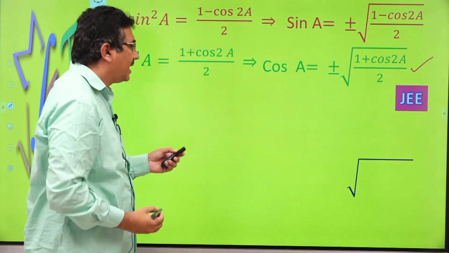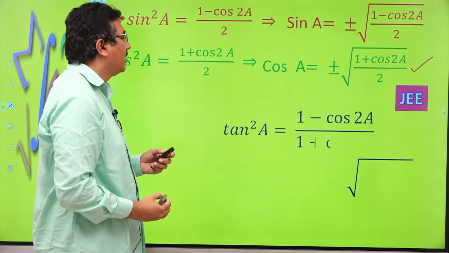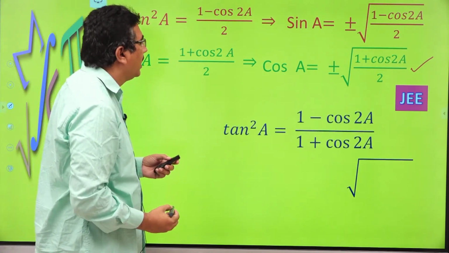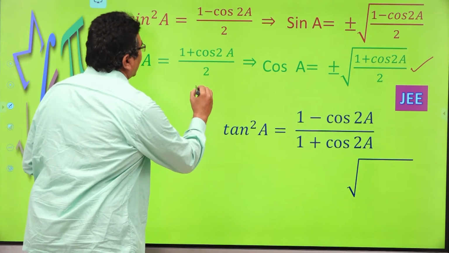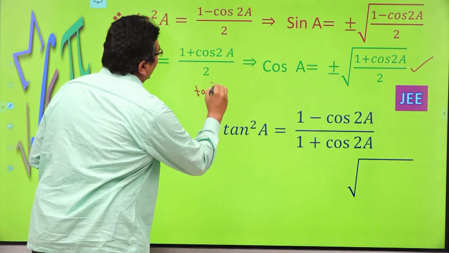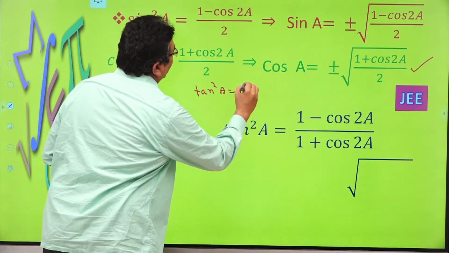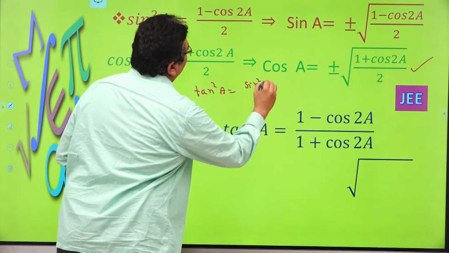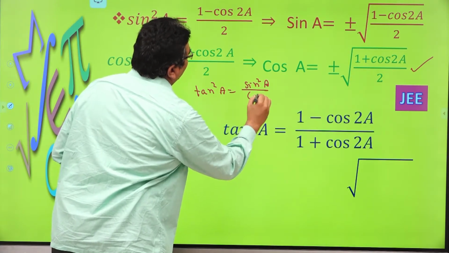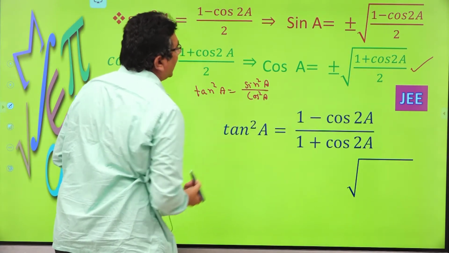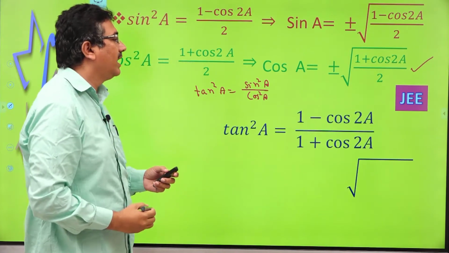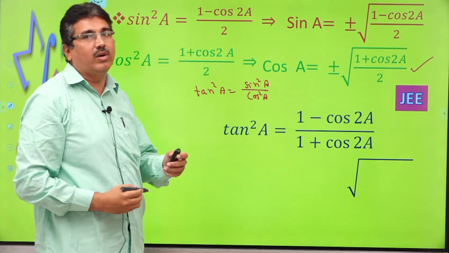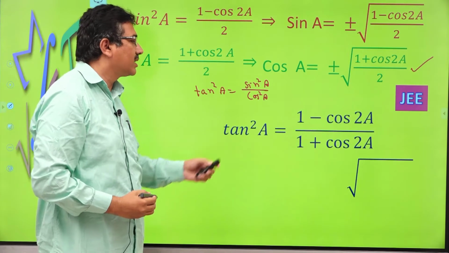Now tan square A is equal to sin square A by cos square A. We get tan square A is equal to (1 minus cos 2A) divided by (1 plus cos 2A).